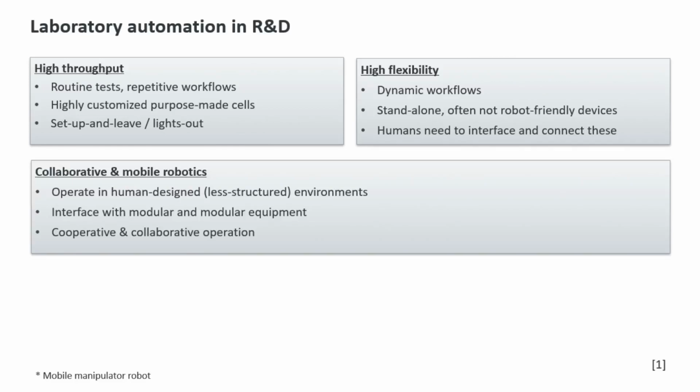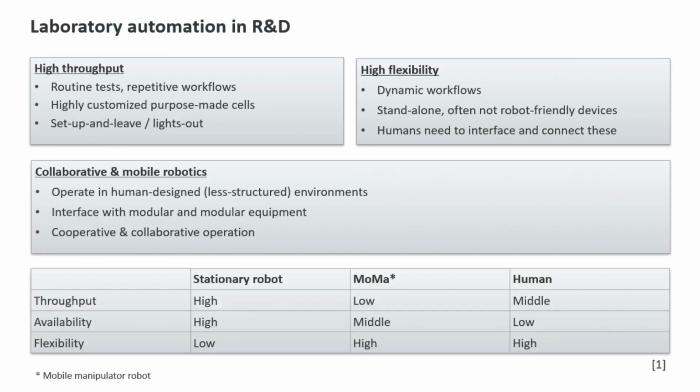That's where collaborative and mobile robotics comes in handy. They can operate in human-designed environments and interface with modular equipment. Also, for us, especially interesting is how these robots can collaborate and cooperate with humans.